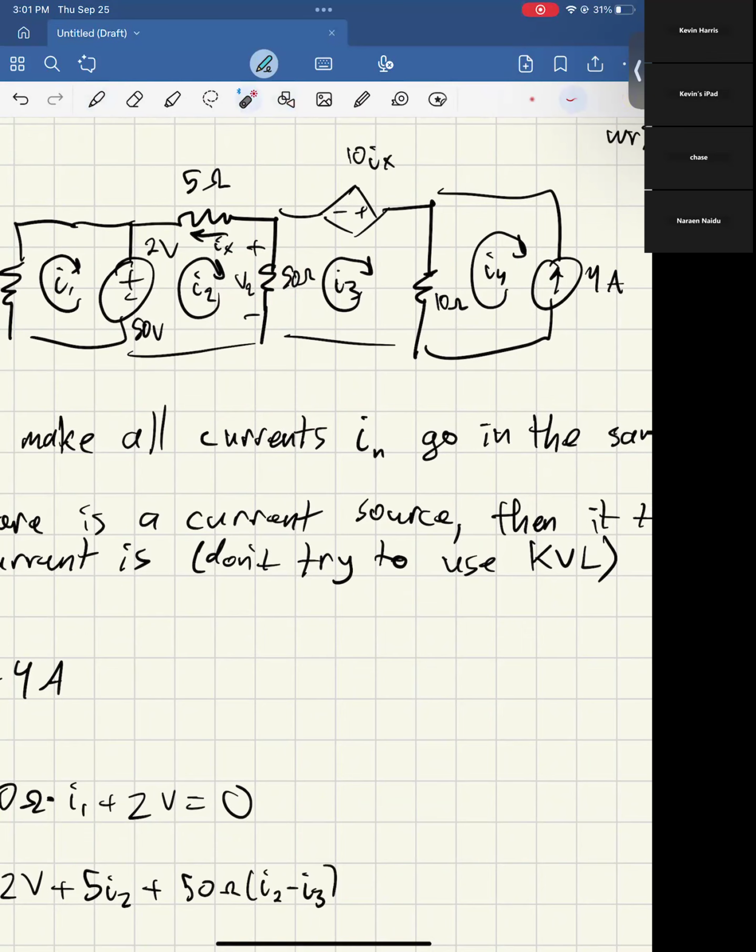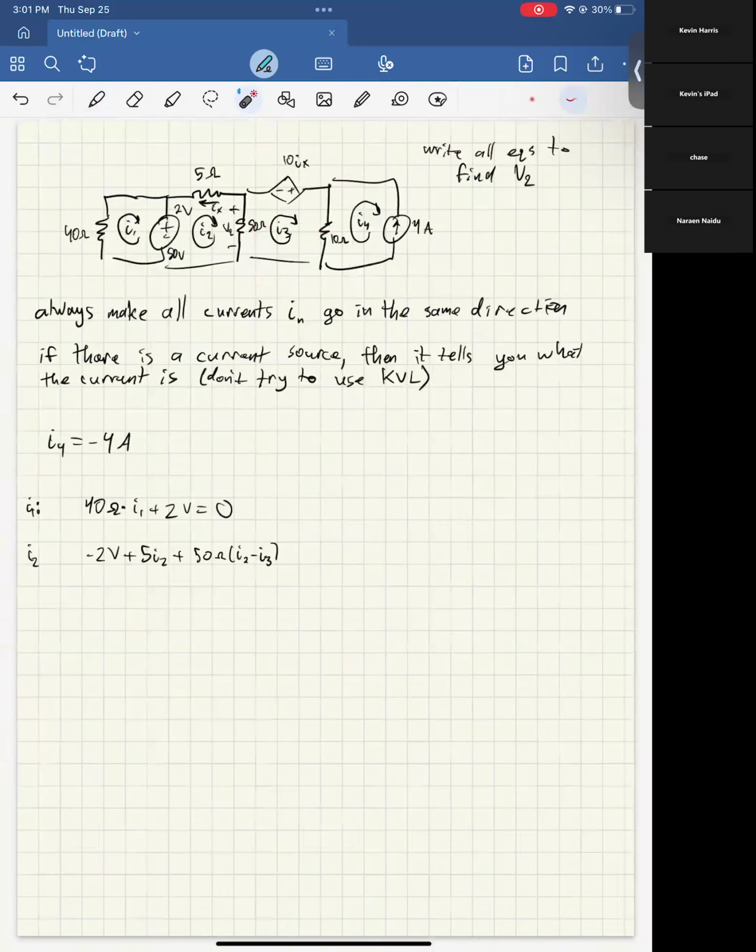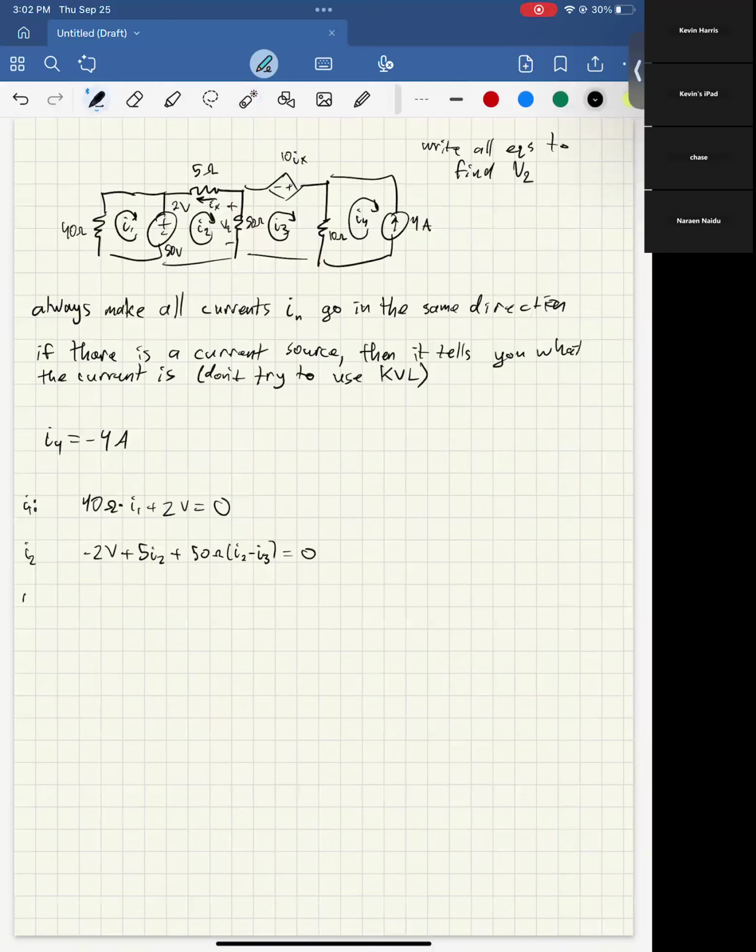Then in the next equation, all of that equals 0. And for I3, it's going to be the other way around. So we still have that same 50 ohms, but now, since we're in the perspective of I3, I3 is positive, I2 is negative, because we're in the I3 equation.